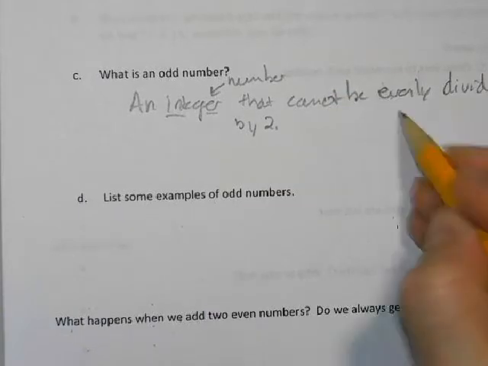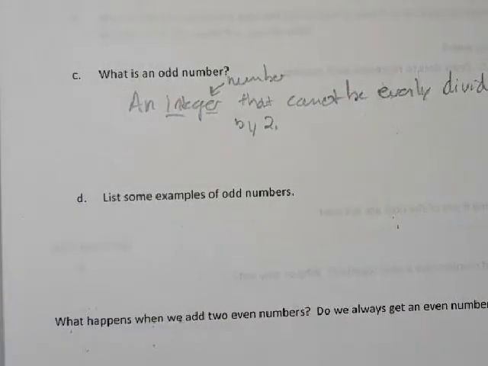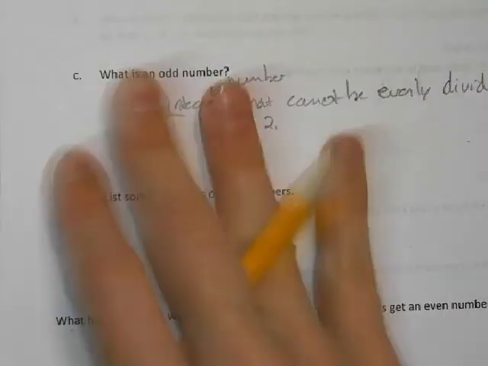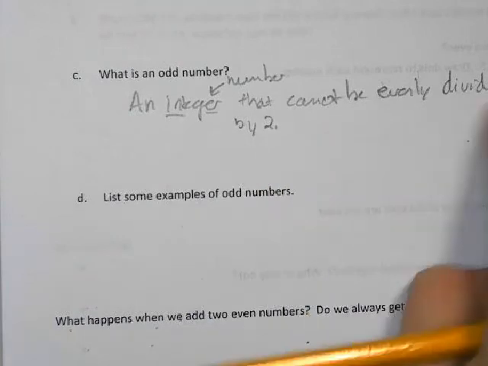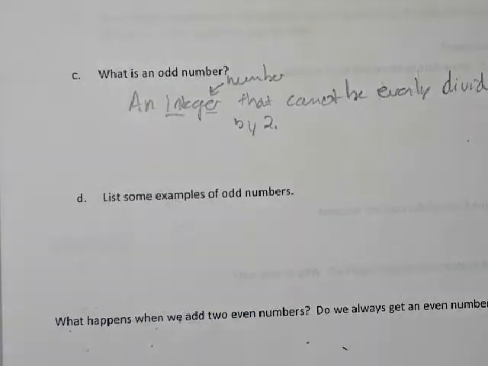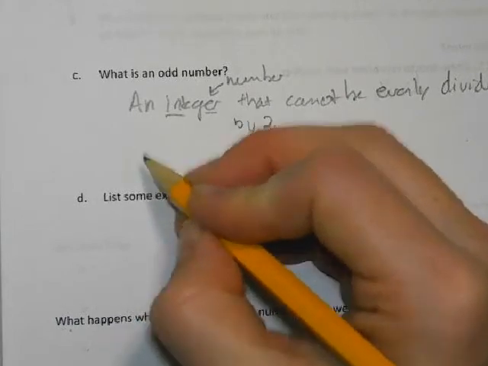Now the reason I have to say evenly divided is because you can divide an odd number by 2, you just have decimals. This is saying without having a decimal or a remainder, an odd number cannot be divided by 2.